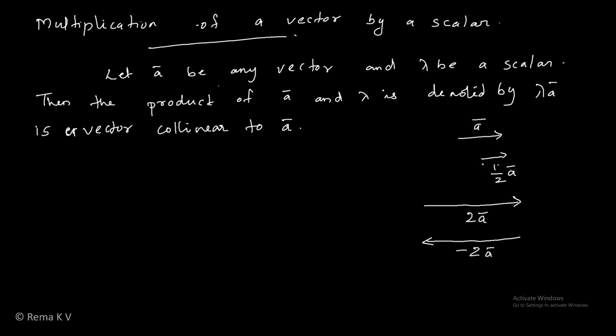See, here in this case lambda is 1 by 2. Here in this case lambda is 2. Here in this case lambda is minus 2. So when we multiply a vector by a scalar, we are getting parallel vectors. And the direction of the vector lambda A will be the same if the value of lambda is positive, and the direction will be opposite if the value of lambda is negative.